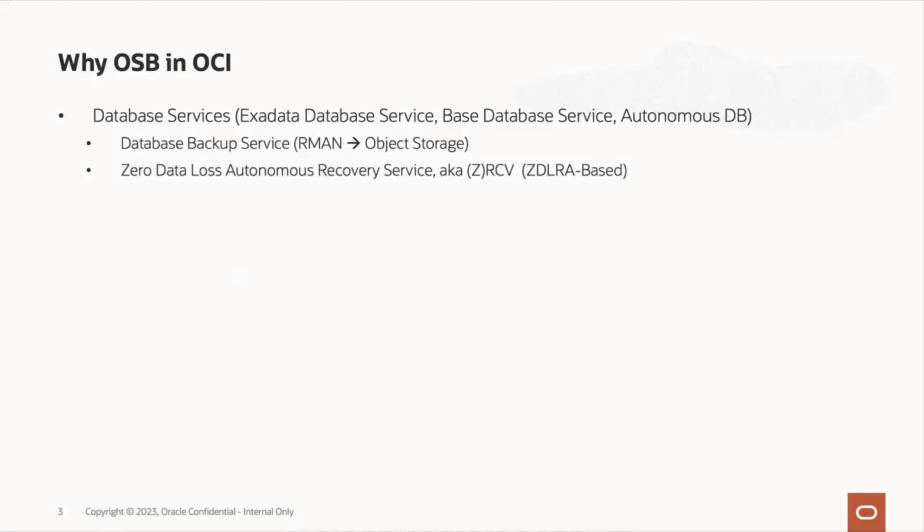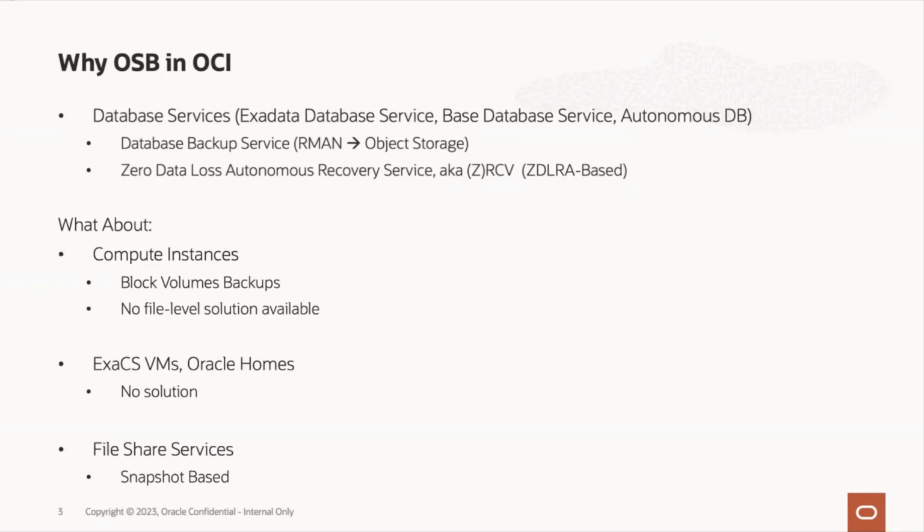Just recently, it's going live these days, we introduced a new service for the Oracle database, which is the Zero Data Loss Autonomous Recovery Service, or RCV or ZRCV. It's a recovery appliance-based type of service, so it has more features, policy-based, and continuous protection through real-time redo transport, etc. It's a kind of advanced version for the Oracle database.